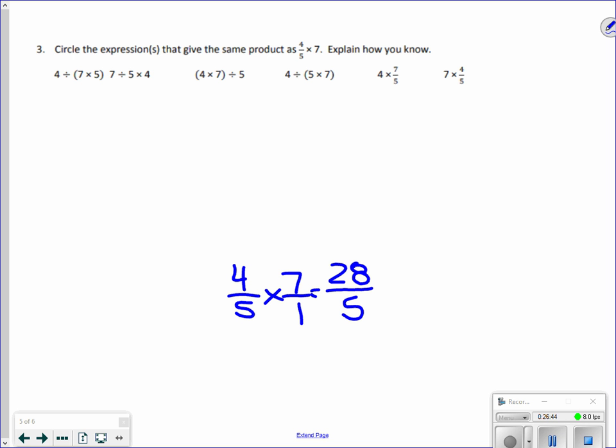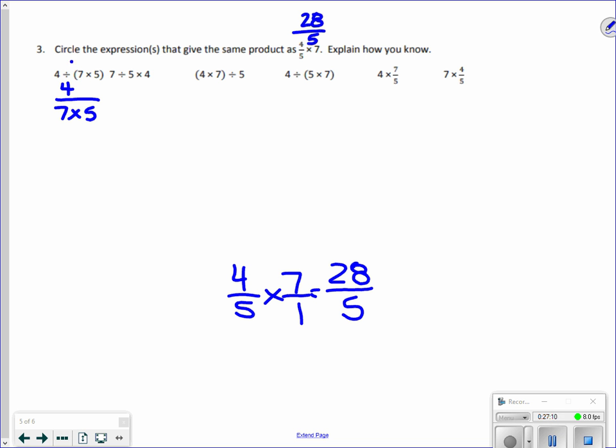So I'm going to look for which ones down here would give me 28/5. This one would be 4 divided by 7 times 5. Would that one give me 28 divided by 5?